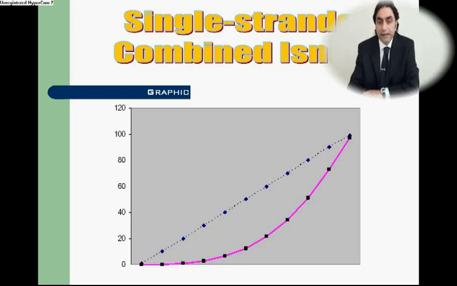In our study, in the graphics, it is clearly seen that for all of the single-stranded isnads, the curve illustrating the probability that the narration belongs to the source to which it is attributed always followed a path which is below the straight line of the reliability coefficient of narrators. As seen from the graphic, in single-strand isnads, the straight line indicating the reliability coefficient of narrators forms a D shape together with the curve indicating the probability that the narration belongs to the source to which it is attributed.